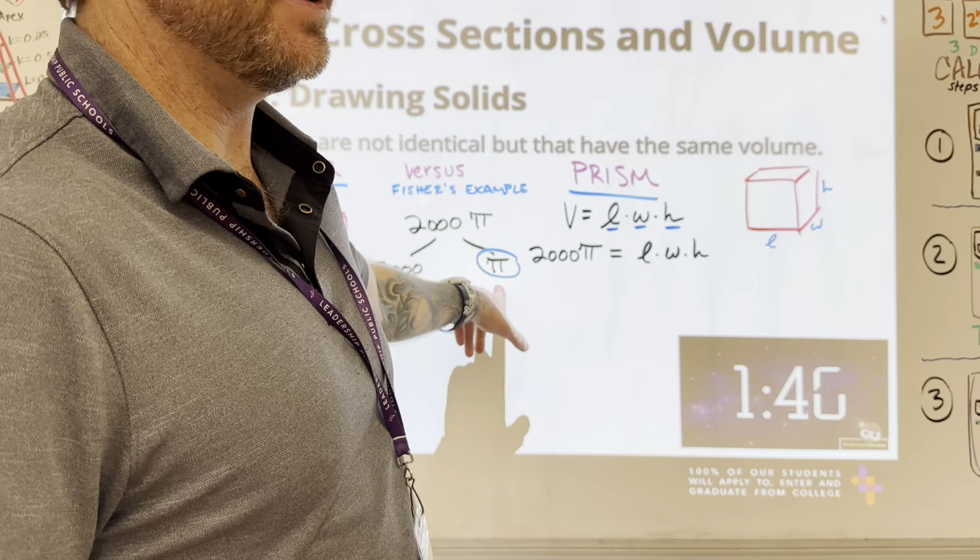You've got a length, a width, and a height. Because multiplication is commutative, you can make this the length, width, height, or you can make this the height, this the length, this the width, whatever. Length is typically the longest one.